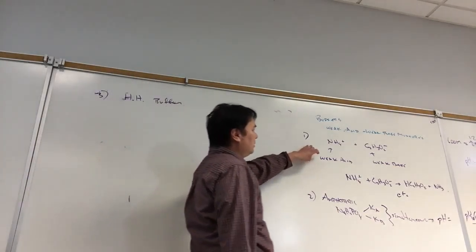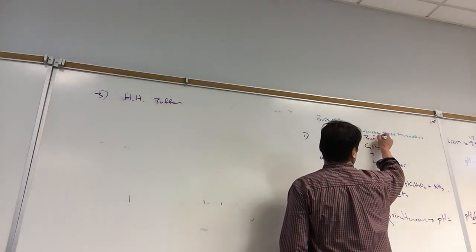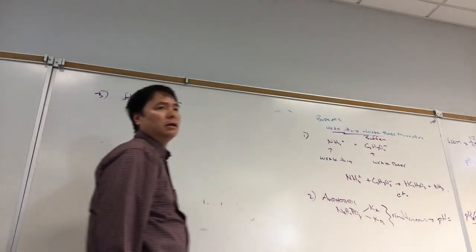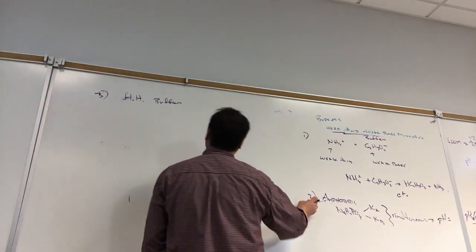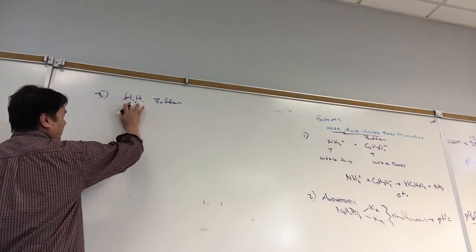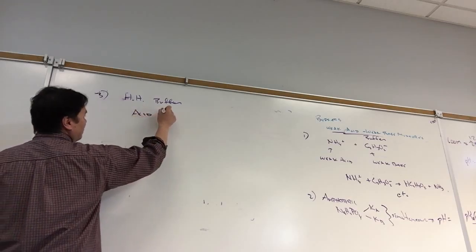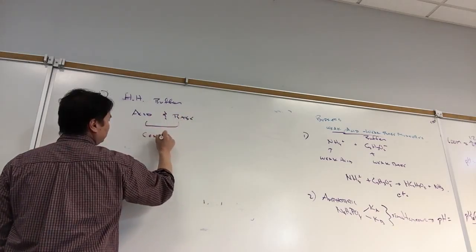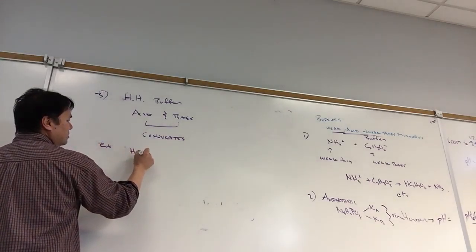These are buffers, because of how they work, although the amphoteric isn't as stable, the mechanics will be slightly different. But in this Henderson-Hasselbalch buffer, the acid and base are conjugates of each other. The example here would be acetic acid and sodium acetate.